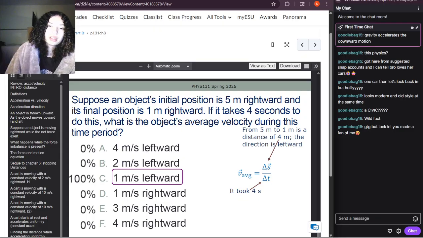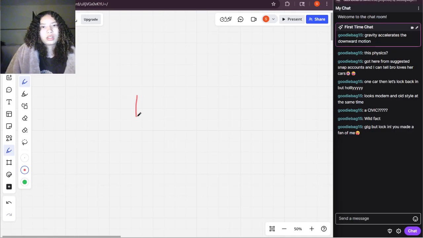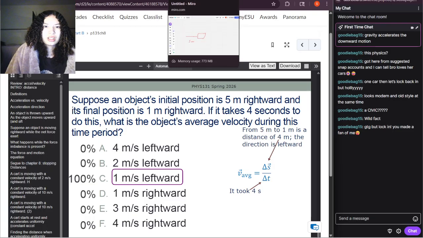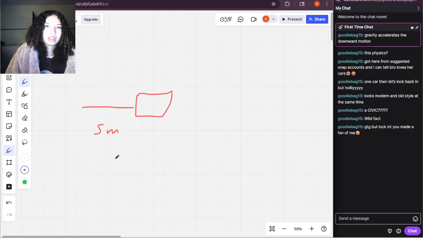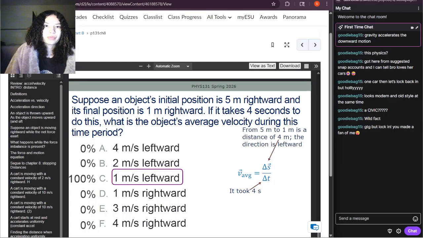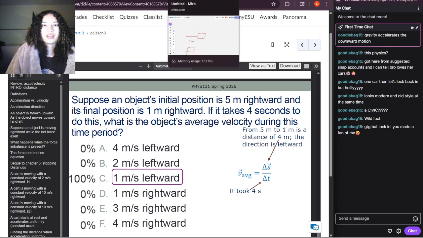Okay, suppose an object's initial position is already 5 meters to the right. Its final position, so it's moving back, is only 1 meter rightward. If it takes 4 seconds to do this, what is the object's average velocity?